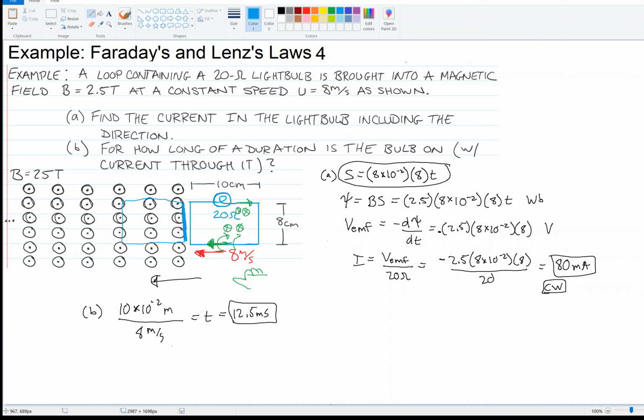And so at this point, if I keep moving this thing forward, to the left, then the flux through the loop is not changing, because the overlapping area is not changing, and the magnetic field B is not changing. So there's no reason to believe that there would be an induced EMF. That is, the d psi dt is 0 here.